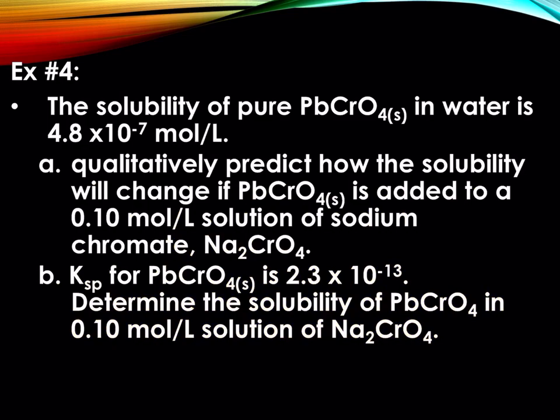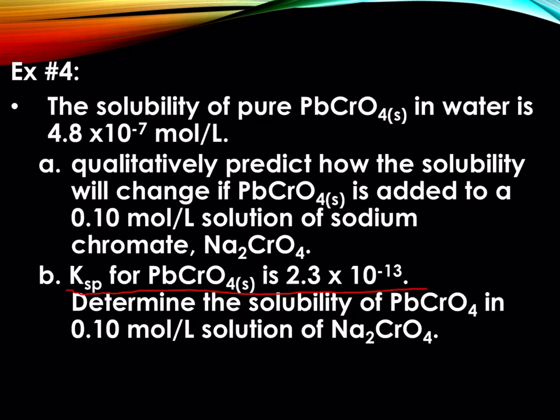Okay, so let's do an example, okay? So the solubility of pure lead chromate in water is 4.8 times 10 to the negative 7 moles per liter. So now we're back to the questions where you're given the solubility. And then it says qualitatively predict how the solubility will change if lead chromate is added to a solution of sodium chromate.